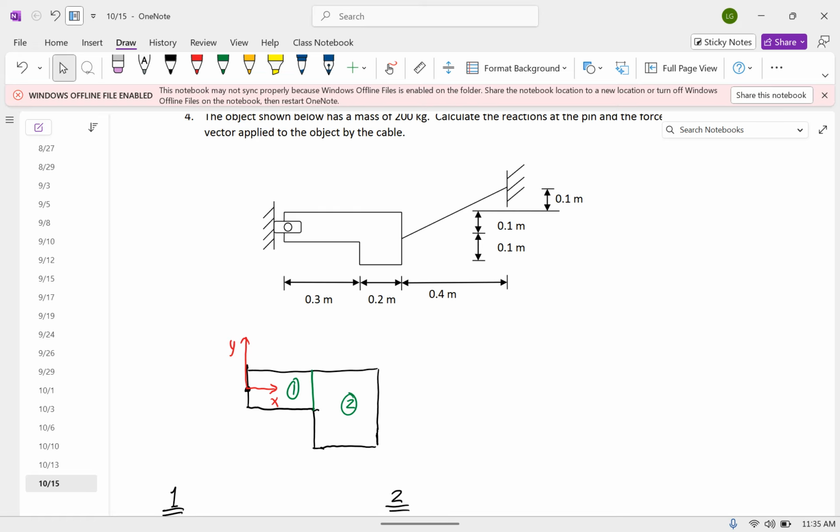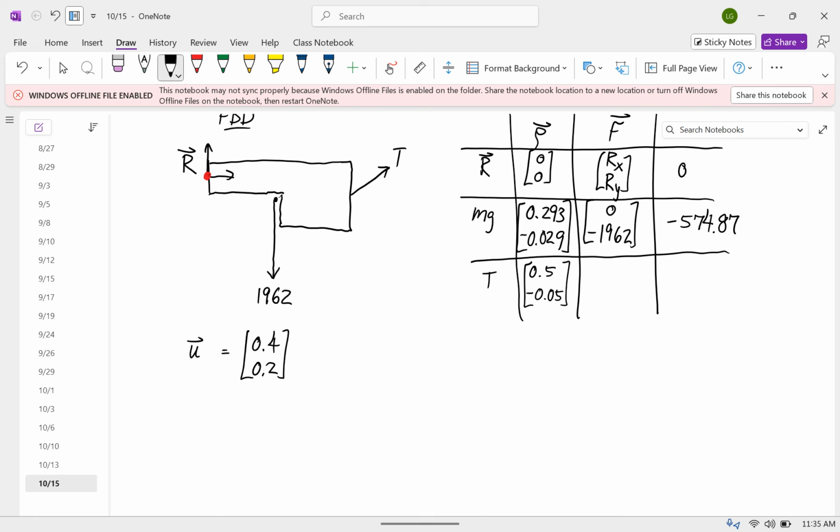So our U vector is 0.4, 0.2. A unit vector in that direction is 0.894, 0.447.